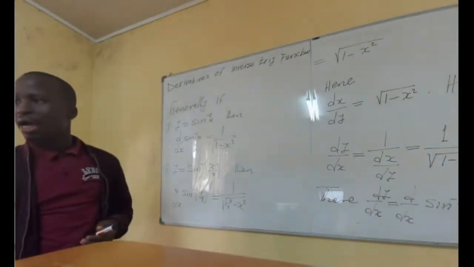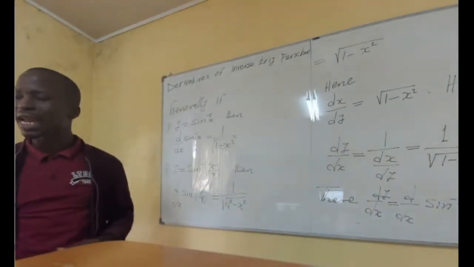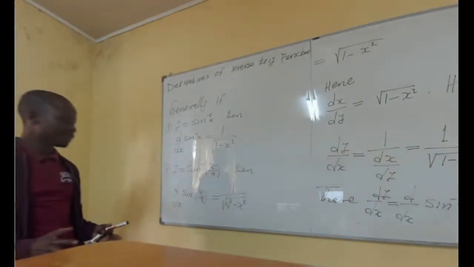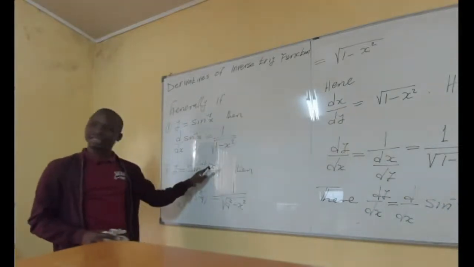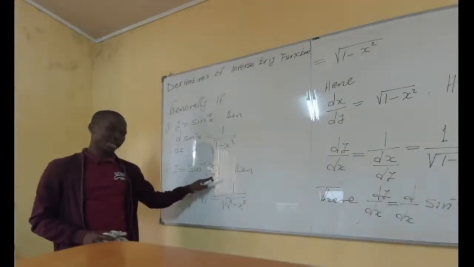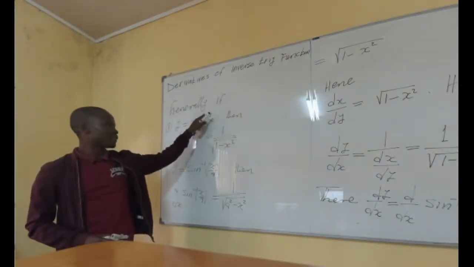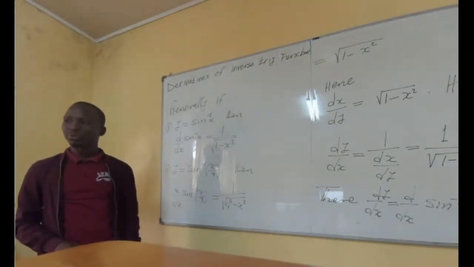Then we also have one for cosine. So I gave a general form. Now, if you look, this is x over a, and here we have sine inverse of x, and here sine inverse of x over a.